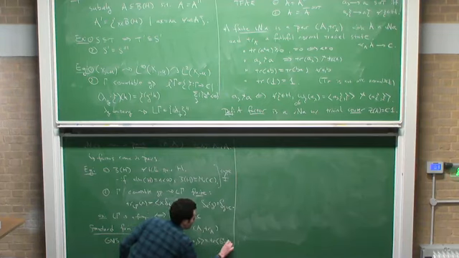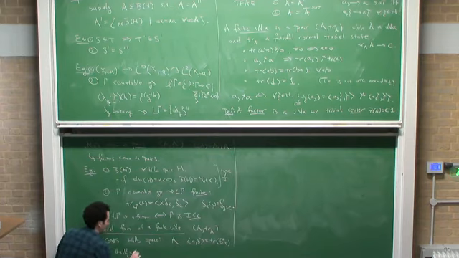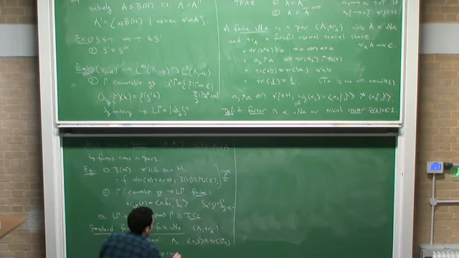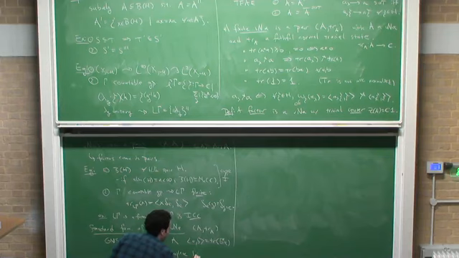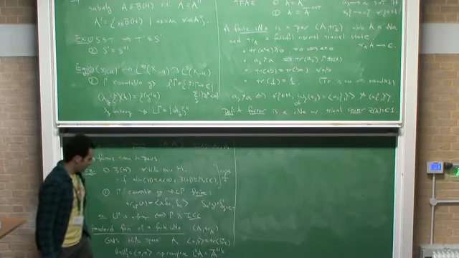I define this, a positive definite sesquilinear form on A. It gives me a norm, which is defined by taking the inner product of a with a, that's the norm 2 squared, and then I complete. And it gives me this thing called L2A, the completion of A in norm 2. All right, so this is a Hilbert space.